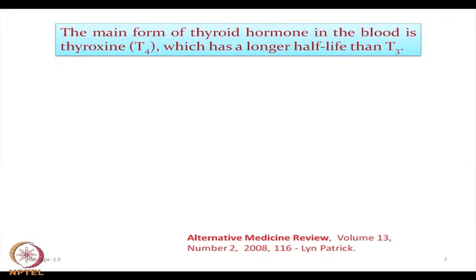The main form of thyroid hormone in the blood is T4, which is known as thyroxine or tetraiodothyronine.